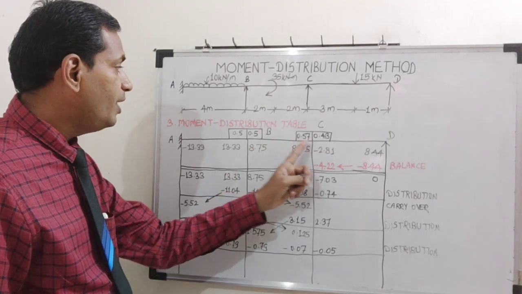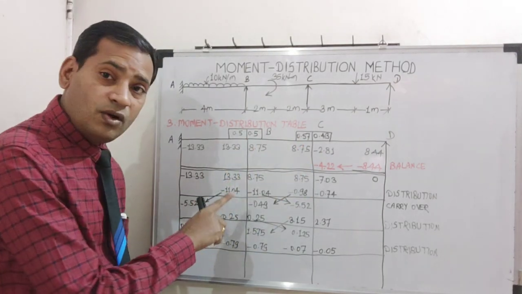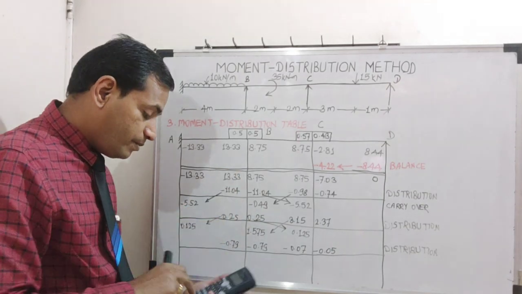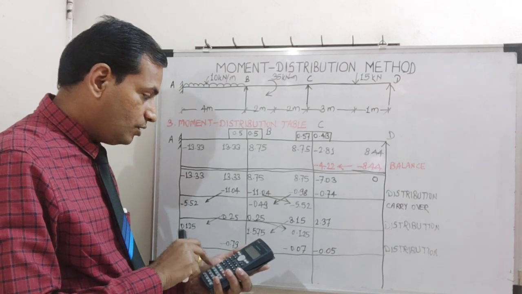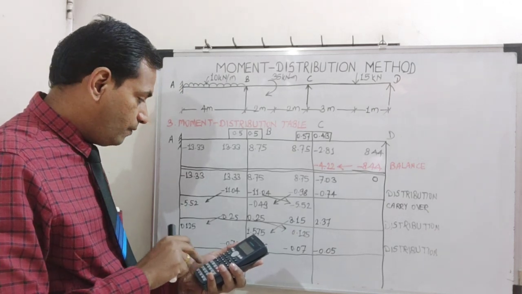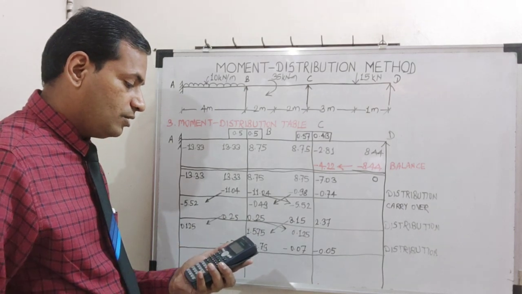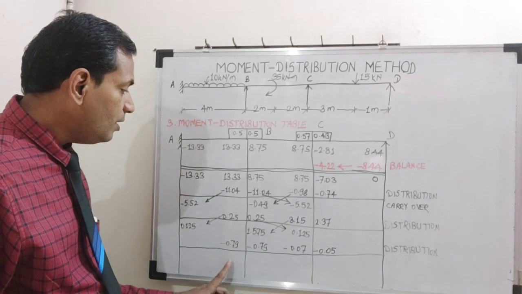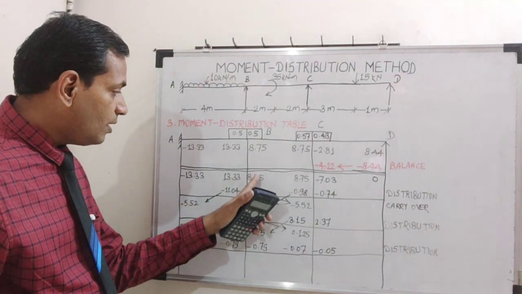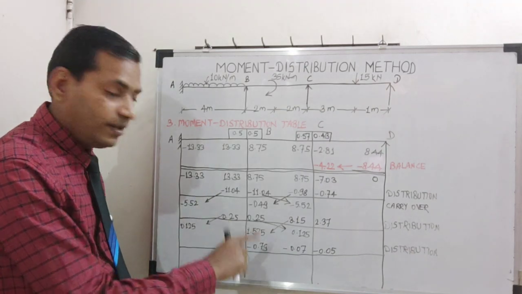I'll do for first intermediate joints. Okay, so I'll take all values below the double line. Please remember 13.33 with plus sign, minus 11.04, plus 0.25, minus 0.79. So that comes to be 1.75. Now take these values. It should come minus 1.75.